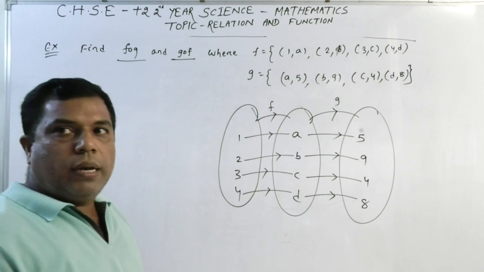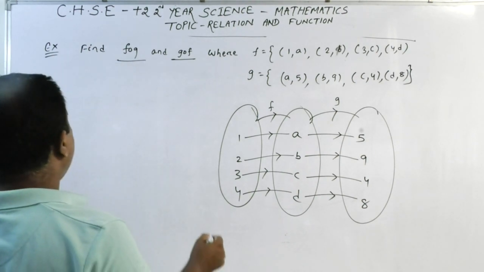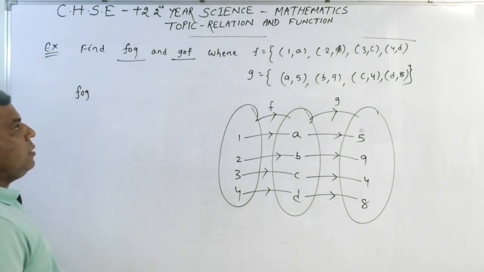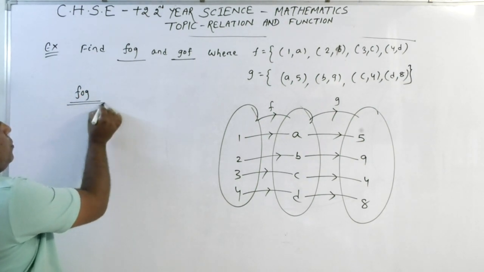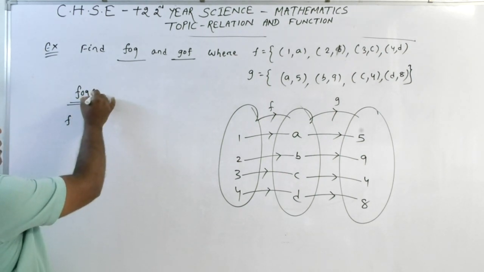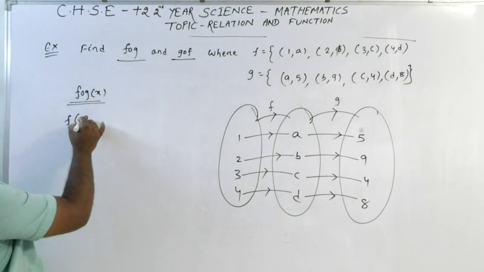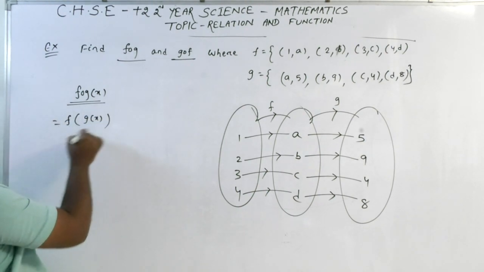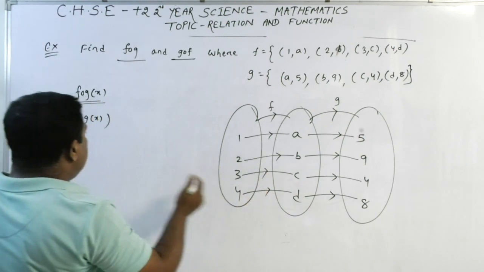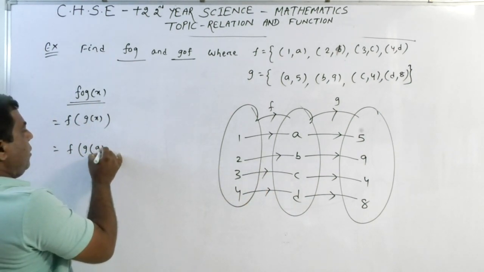Okay. So let us see here fog. Fog means what? Initially we will find fog. So fog of x means f of g of x. Clear? So f of g of, what are the elements of g? So it is g of a.